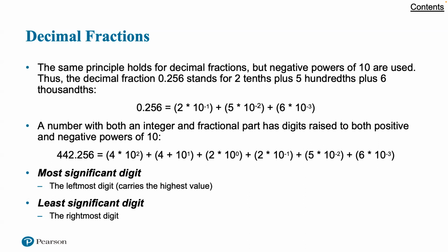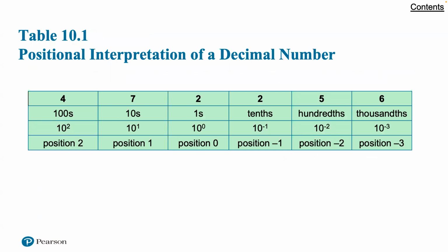In any number, the leftmost digit is referred to as the most significant digit because it carries the highest value. The rightmost digit is called the least significant digit. In the preceding decimal number, the 4 on the left is the most significant digit, and the 6 on the right is the least significant digit. Table 10.1, which we're showing here, shows the relationship between each digit position and the value assigned to that position.